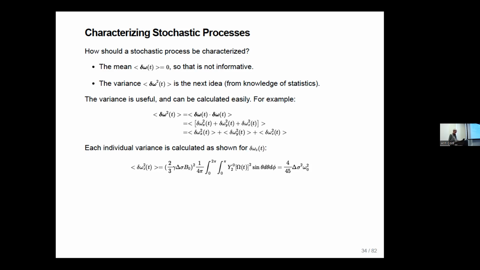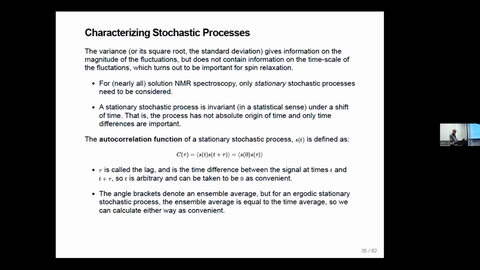That's not enough because we also need to know something about the time dependence of the fluctuations. So the variance is useful, certainly more useful than the mean, but we have to go and ask a statistical physicist, what should we use to characterize not only the magnitude of the fluctuations, that's captured by the variance, but something about the time scale of the fluctuations.